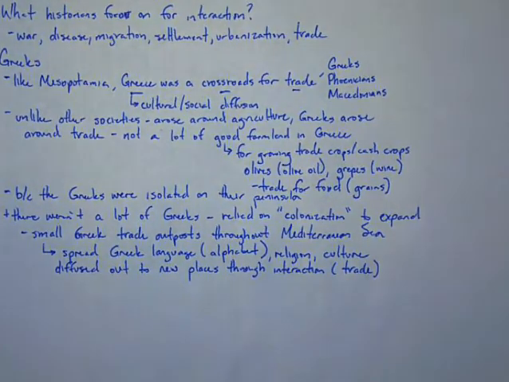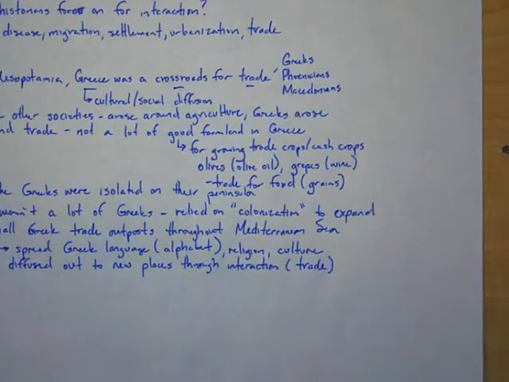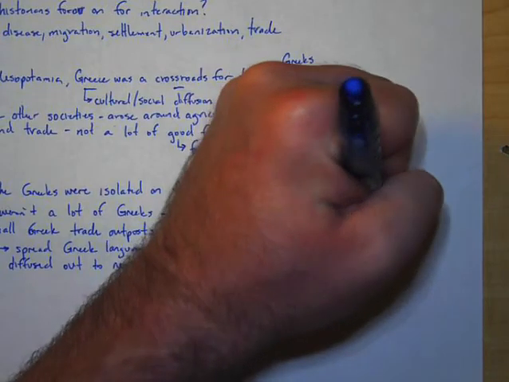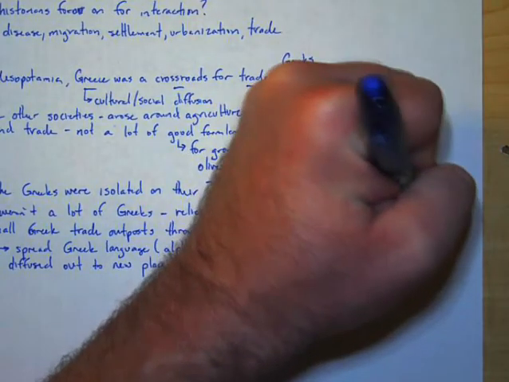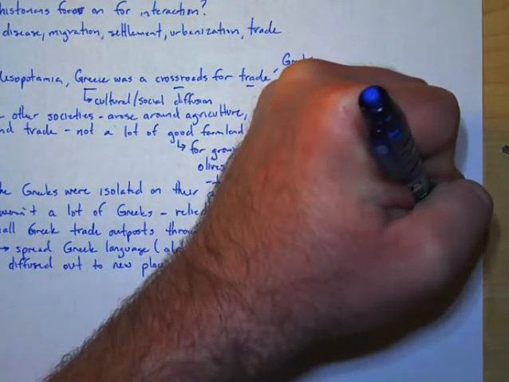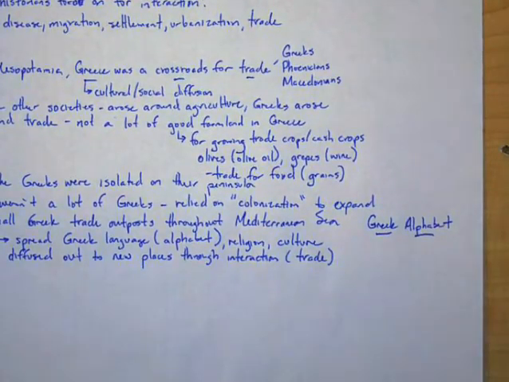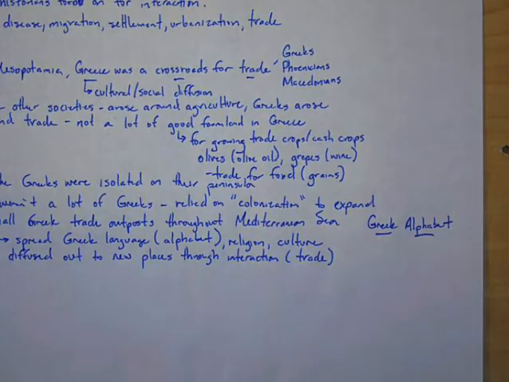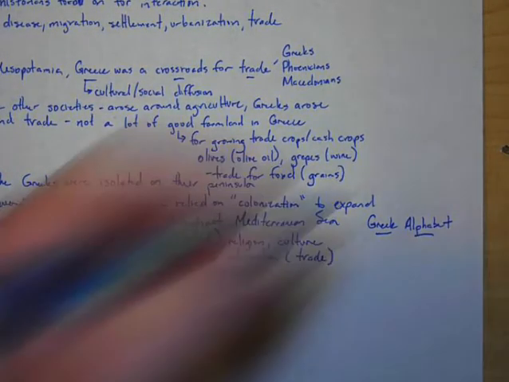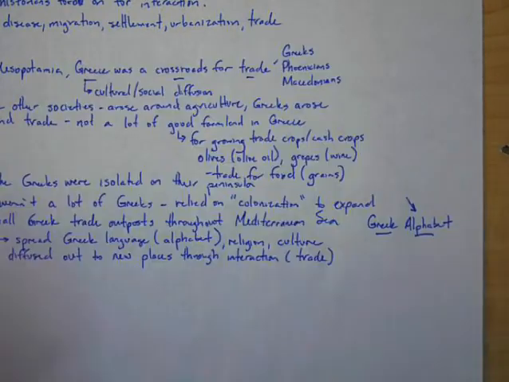Now, little side note about the alphabet. Let's look at the Greek alphabet for a second. Writing and language and writing forms like an alphabet, ways of record keeping, have been around for a long time. We've seen cuneiform in Mesopotamia, Egyptian hieroglyphics.